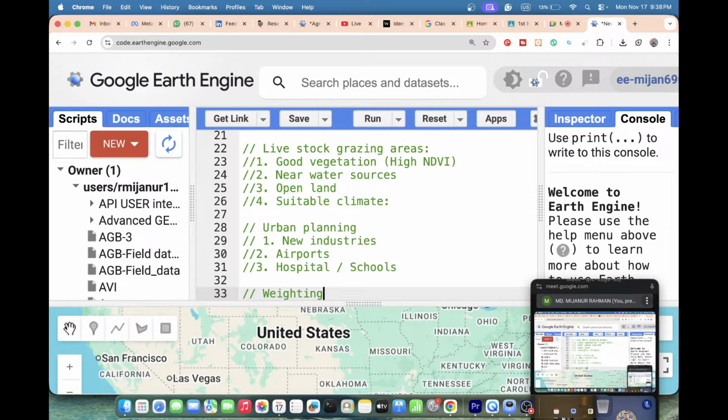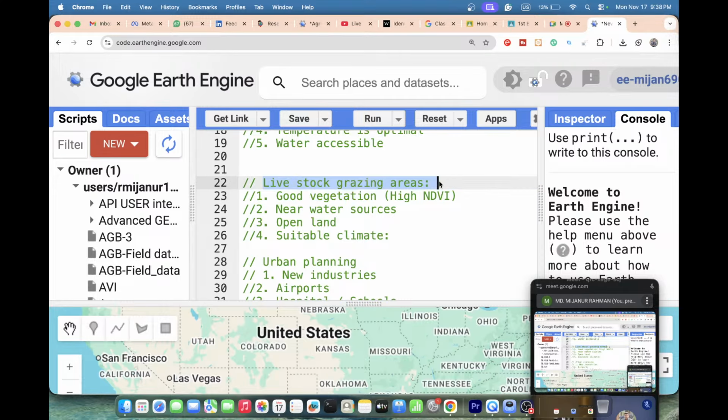If you check the livestock section, all of the factors do not have equal importance. Some factors have more importance, some have low importance, so we set some weight. Weight shows the influence of each factor.